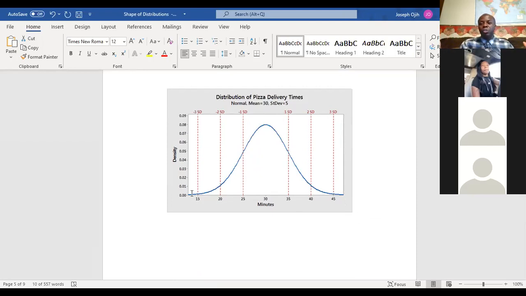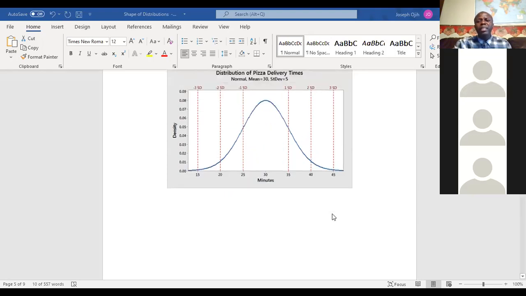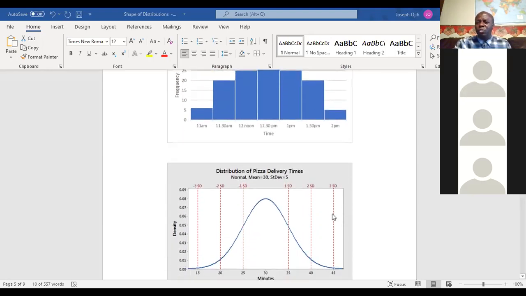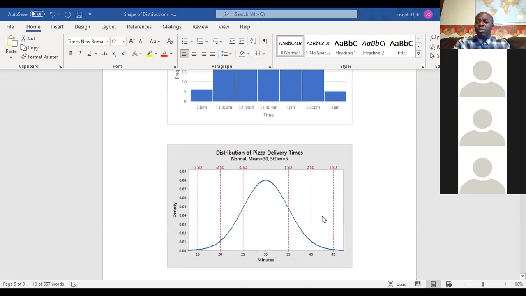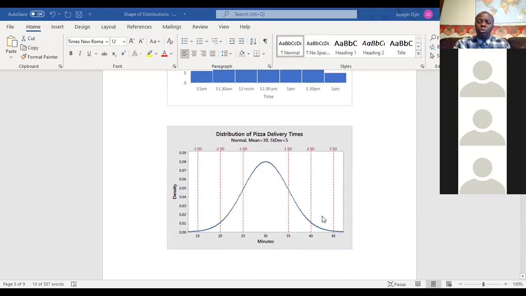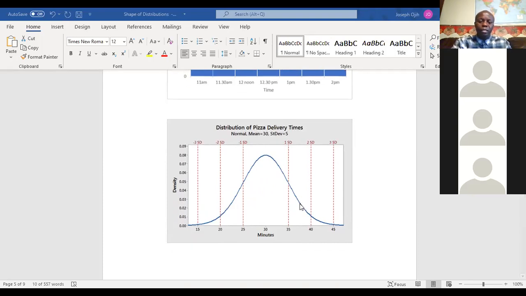Above that range is not normal anymore, or below that range is not normal. If you plot the graph for the whole of Maryland, but it has to be a population, or even the whole of Baltimore City, so long as it's a population, it will give you a smooth curve like this. So we say that it is normal. Many variables in life follow normal distribution, as we're going to see more of later on in this class.